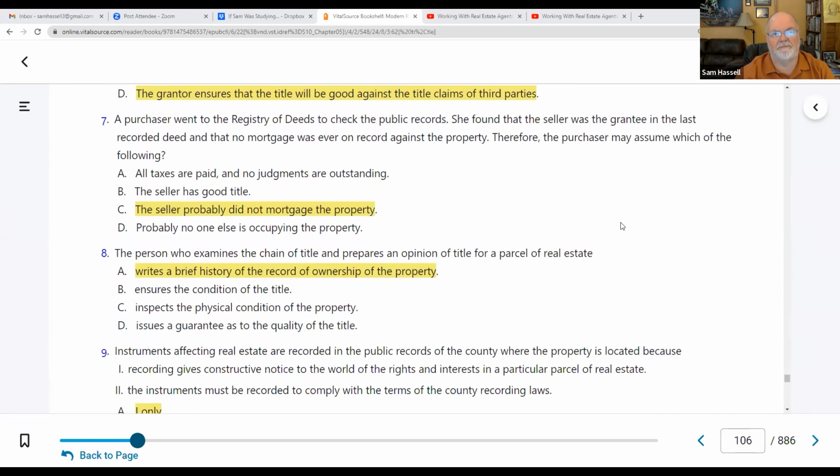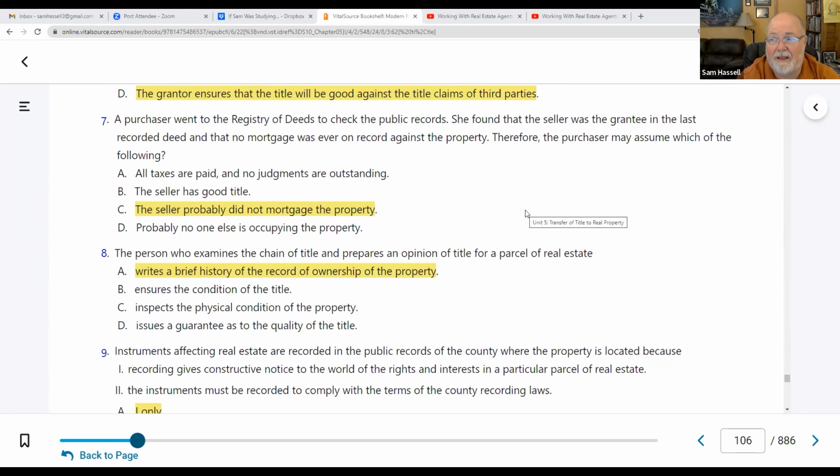Number 7. A purchaser went to the registry of deeds to check the public records. She found that the seller was the grantee in the last recorded deed and that no mortgage was ever on record against the property. Therefore, the purchaser may assume which of the following. And the only thing you can assume on that is that the seller probably didn't mortgage the property, right?